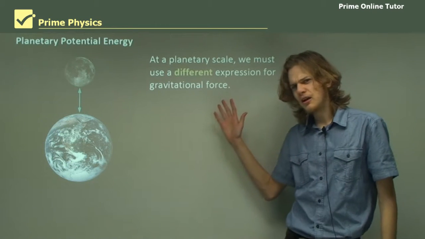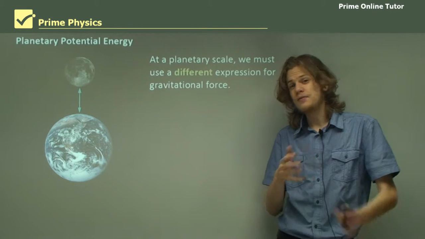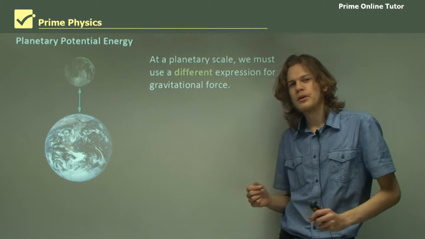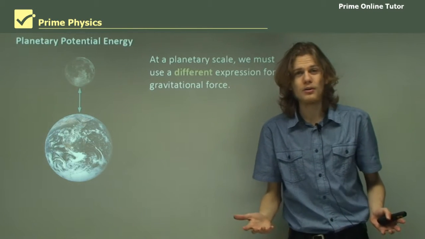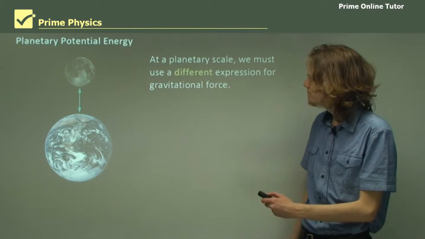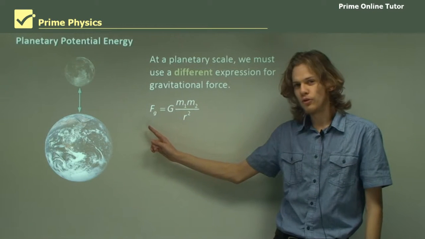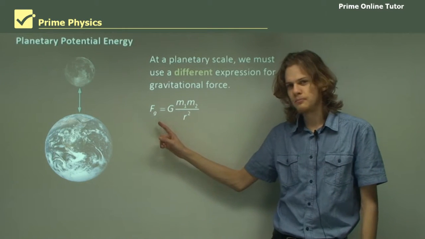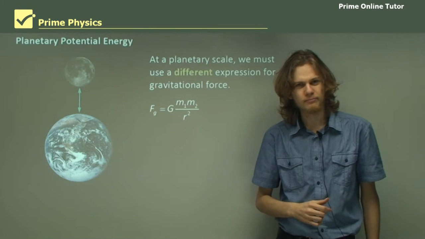At a planetary scale, we can't use that equation for F. We can't use F equals mg because the gravitational acceleration will change depending on how far away we are from, say, the planet, right? So instead we use this equation. Gravitational force equals the gravitational constant times the product of the two masses over the distance between them squared.